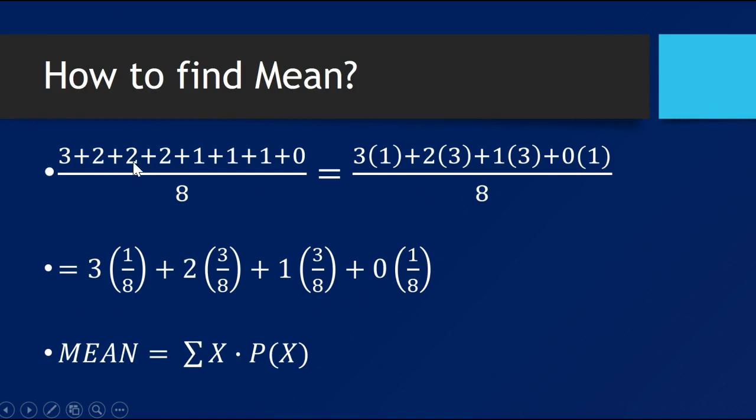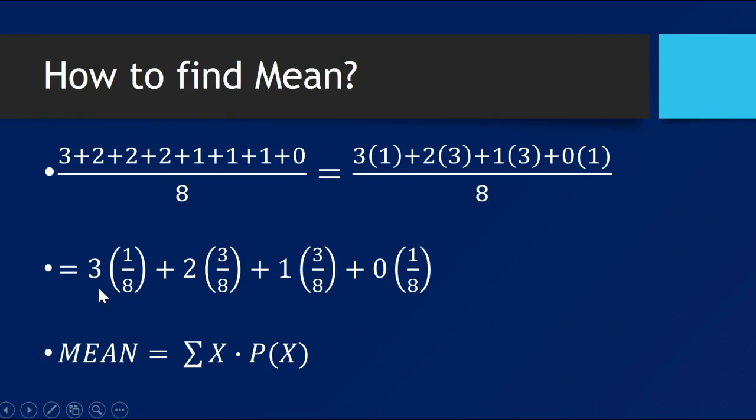Instead of doing 2 plus 2 plus 2, we can just say, well, 2 happened 3 times. So that's going to be a total of 2 times 3. And because we're dividing by 8, I can divide each of these individually. The 3 times 1, I can divide that by 8. If I rewrite that, that just looks like 3 times 1/8. And the 2 times 3, all divided by 8, looks like 2 times 3/8. And then 1 times 3/8, and then 0 times 1/8.